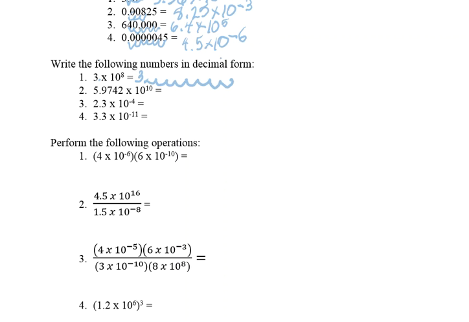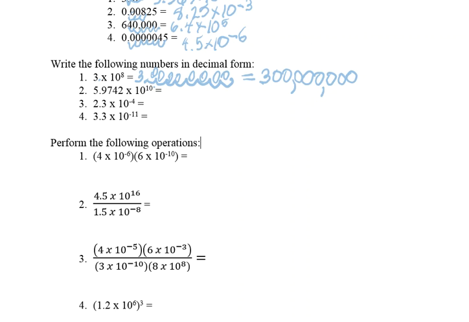Now I have all these spaces, so I think, okay, what can I put there that doesn't change its value? If I fill it with zeros, the value won't get changed. So I'm going to put all these zeros in here. So if I write it nicer, 1, 2, 3, 4, 5, 6, 7, 8, put some commas in. My 3 times 10 to the 8th is actually 300 million.